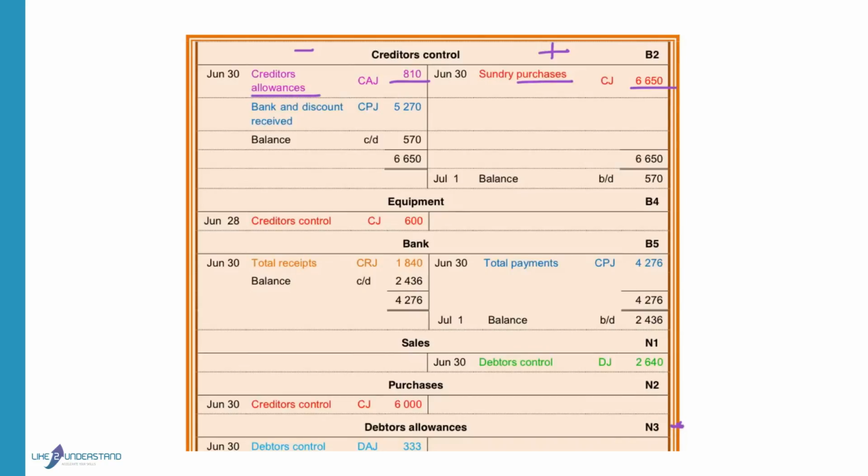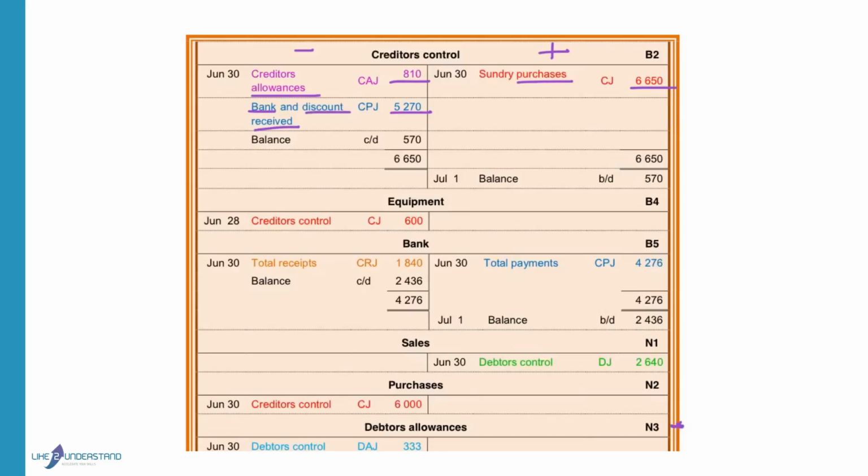We paid money to them and we will reduce their account on the debit side. This 5,270 is divided between some of the money on the credit side of the bank and some of the money that will go in discount received on the credit side.